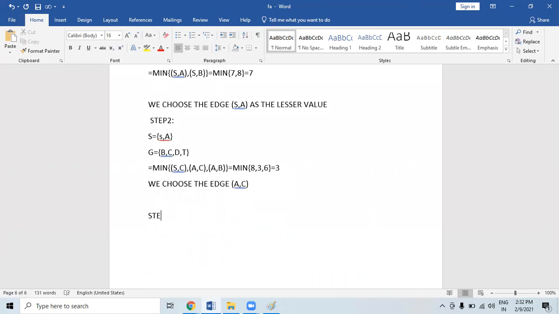And then step 3. Okay, in step 3, let's check. So again, S equal to S, A and C, right? Then the graph equal to BDT.